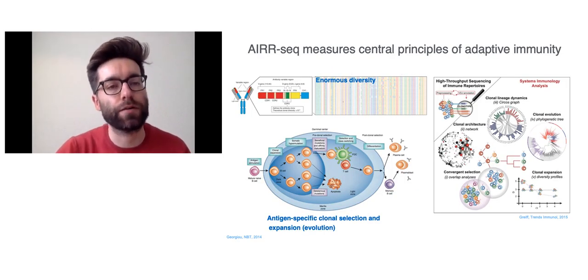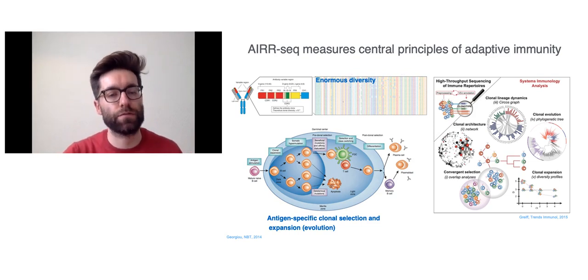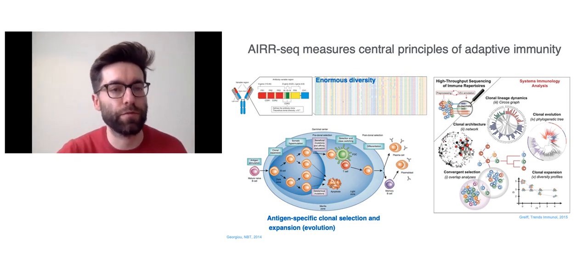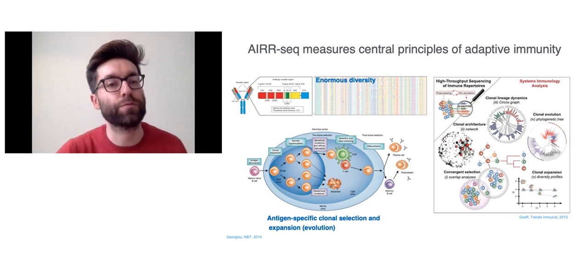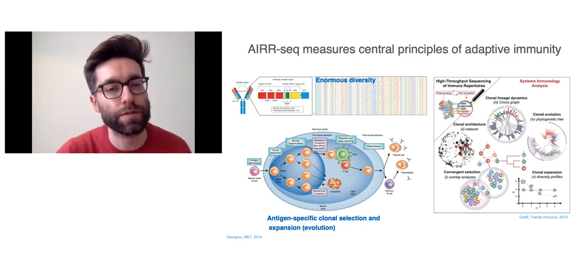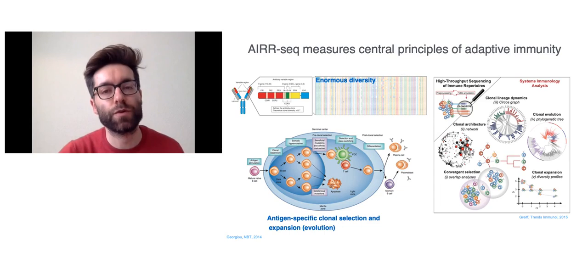The good thing about AIRR-seq, which is short for adaptive immune receptor repertoire sequencing, or high-throughput sequencing of adaptive immune receptor repertoires, is that it allows us to look at the central principles of adaptive immunity.